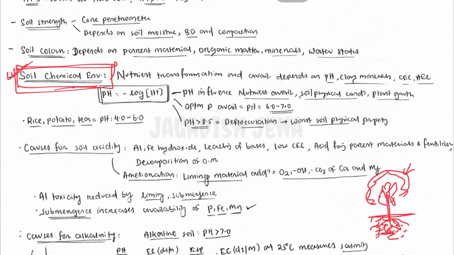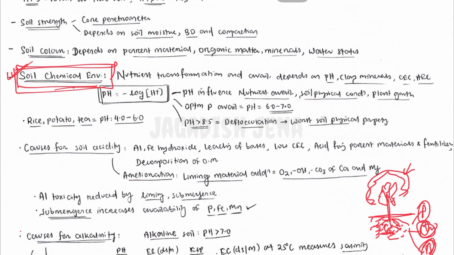If we look at the study of the soil environment and its impact on plant growth, that is called edaphology. The soil environment is basically composed of the physical environment, the chemical environment and the biological environment. How soil microbes affect plant growth comes under the biological environment.